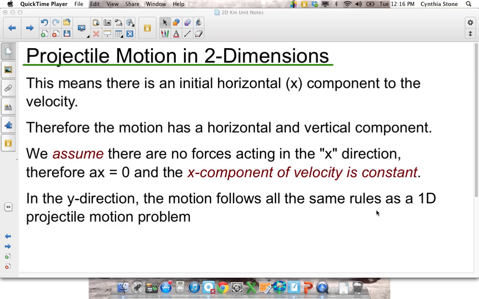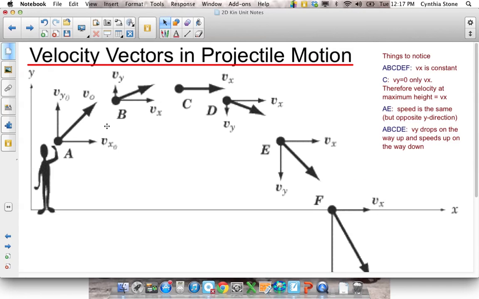In the y direction, it's a 1D projectile motion problem. So there's like 2 problems going on, and that's how you solve it, with 2 problems. It's like 2 questions, two sets of equations. The thing that's constant between the x side and the y side is the time that it's in the air. Okay? Just, what's going on.